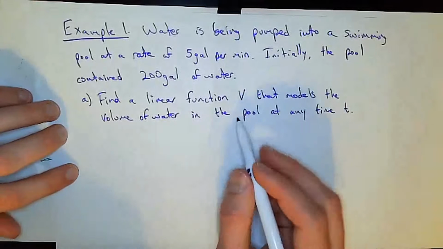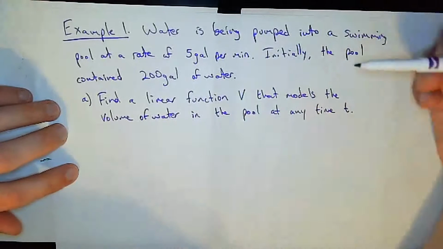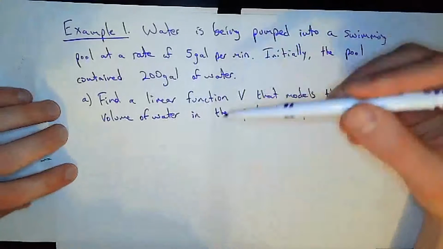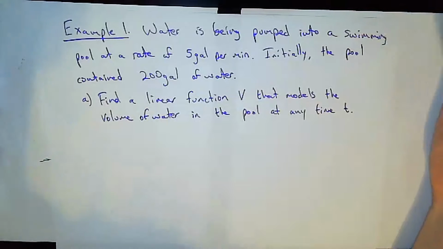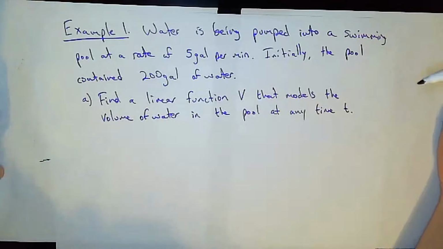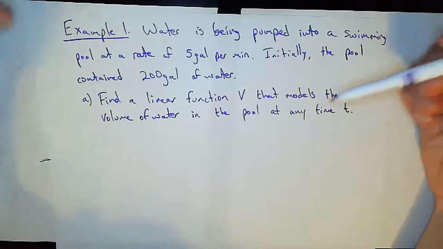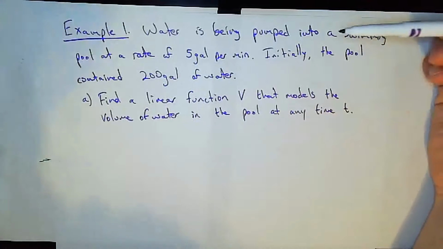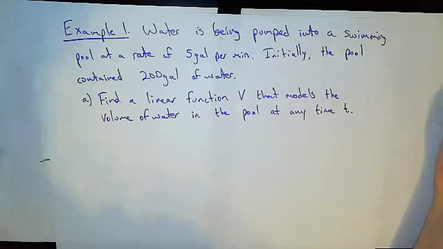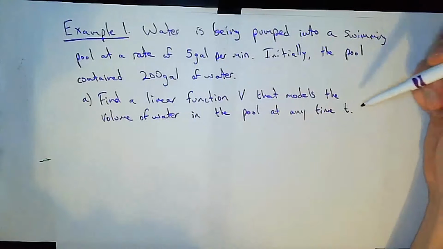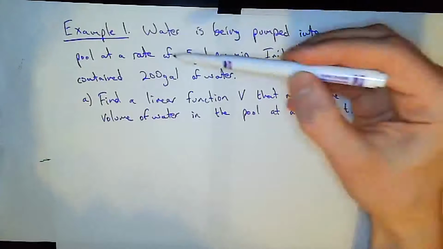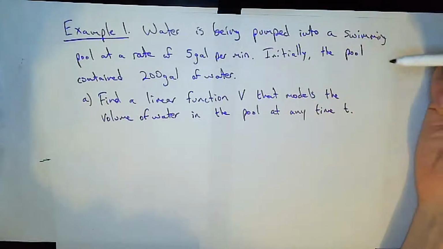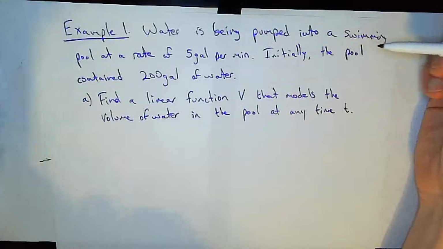V stands for volume. Volume is the amount of space that's being taken up by something. In this case, it's water, and our measurement for volume is in gallons, and our measurement for t, time, is in minutes. How do I know that? Because the rate was given as gallons per minute.